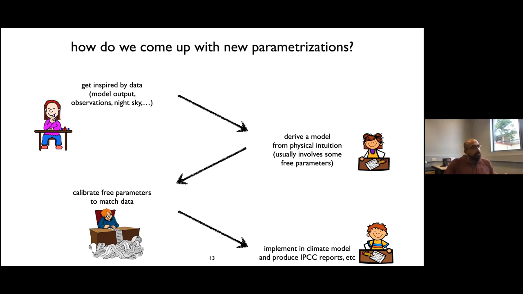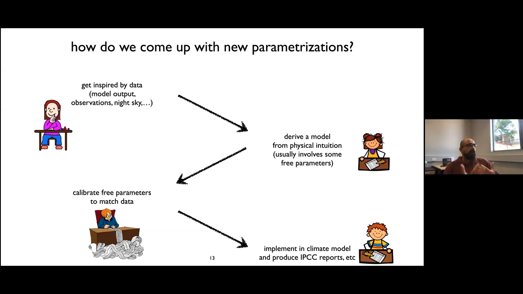Then we can go back at the data and calibrate these free parameters so that it best matches our data. And after we're done, we can put it in the climate model and then try to go along with that.